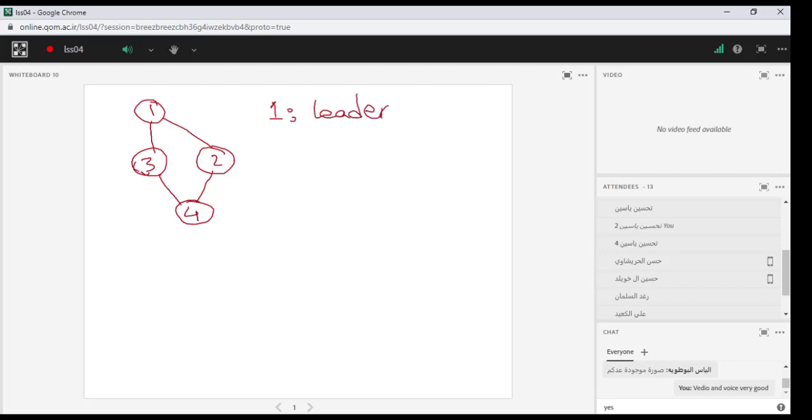Agent 1 is the leader. Agents 2, 3, and 4 are followers. The dynamic of the agent is xi dot equal to ui.